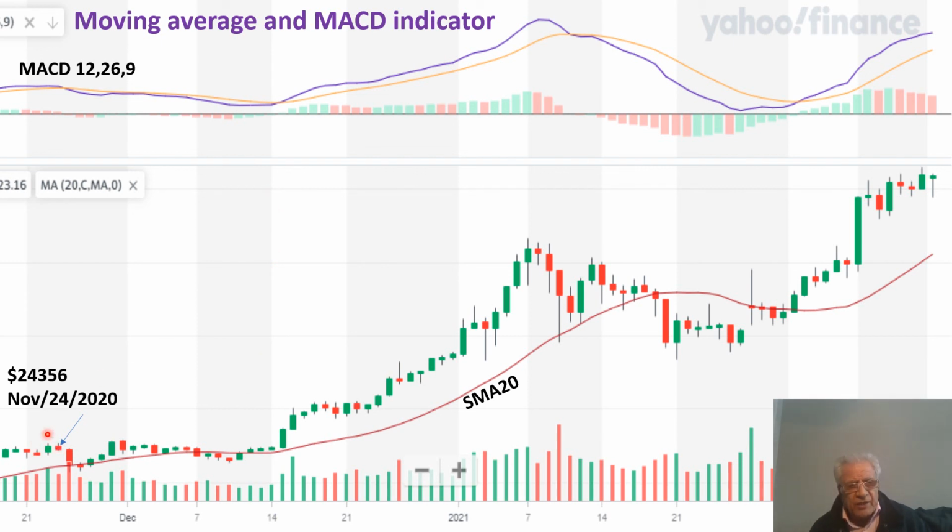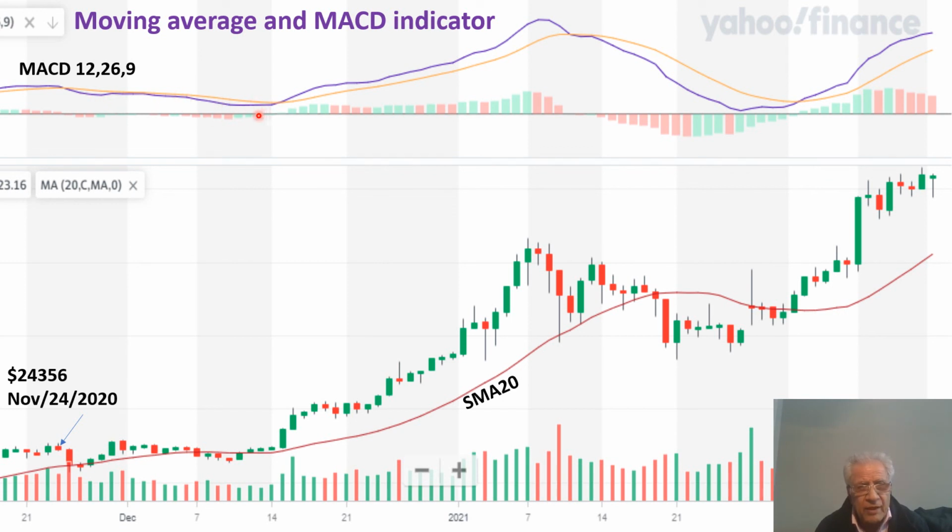We exit the price here, and you see the price is just moving very slowly around the moving average, and we enter the market here where the price breaks out, and you see that it's a strong uptrend above the moving average. That's the sign of a strong uptrend. And from the place where we exit the market, you see the MACD indicator is below the orange line. So that's the sign of a downtrend.